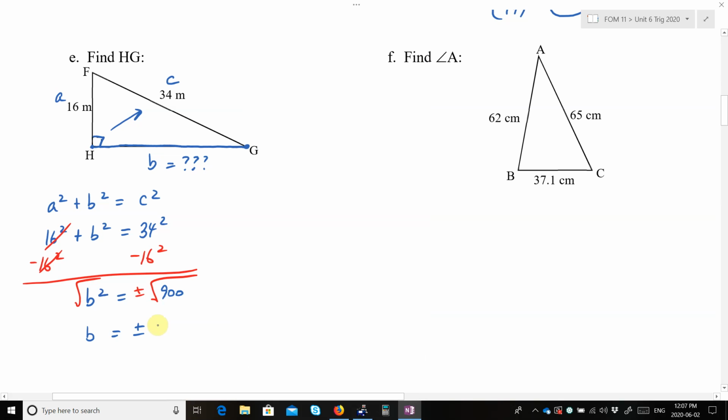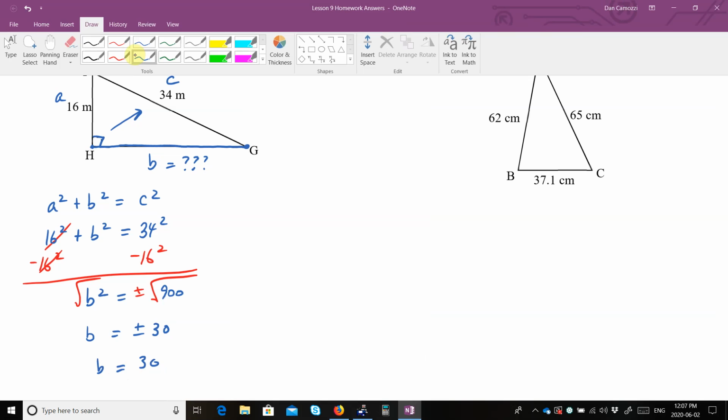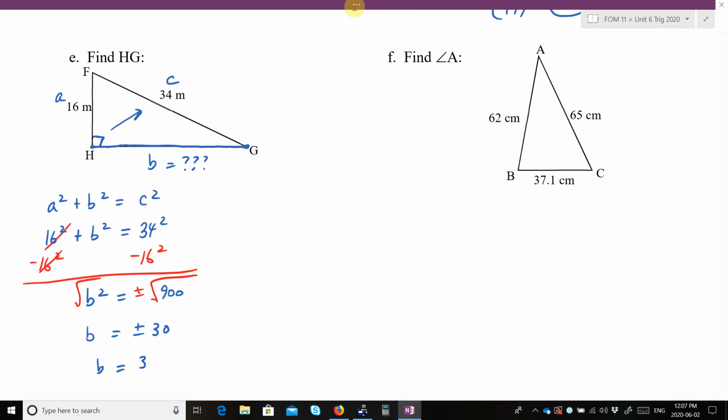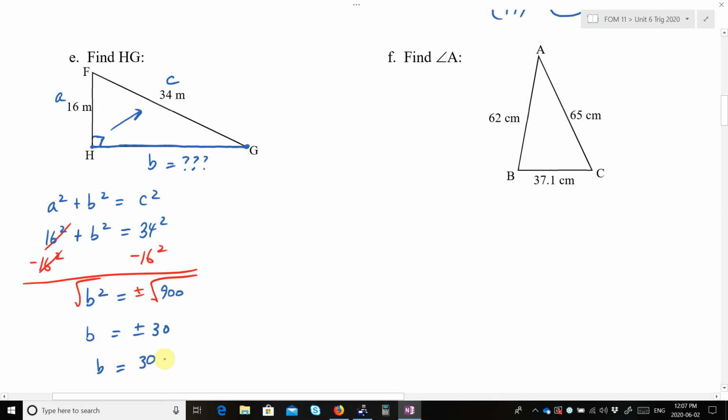Square root of 900 is 30. We're finding the length of a side, so we'll reject the negative answer, and we will say that b is 30 meters. Okay, and that is consistent with the answer key.